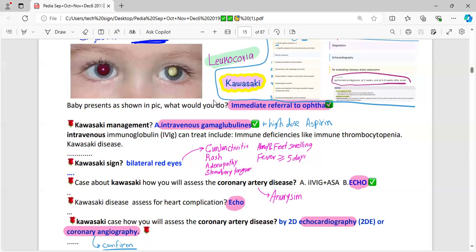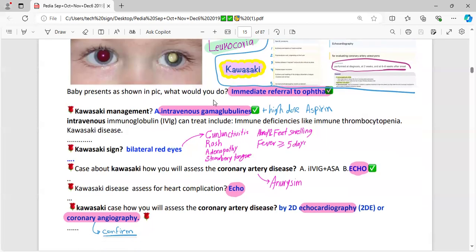Would it be the first drug of choice, or would the first drug of choice be aspirin? Ma'am, the first drug of choice will be aspirin. Yes, and then we will give it. And if in a Kawasaki patient you are suspecting some complication, like along with the inflammation you see the baby is immunocompromised, there is thrombocytopenia, then for sure you would go with IV immunoglobulin.